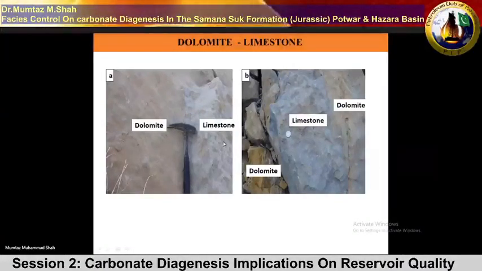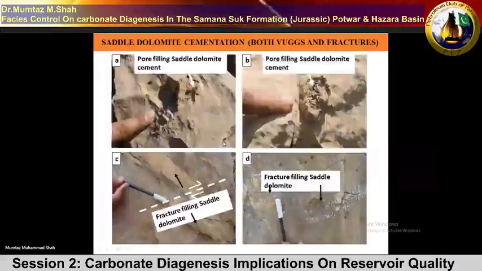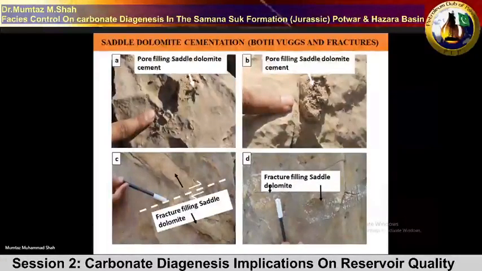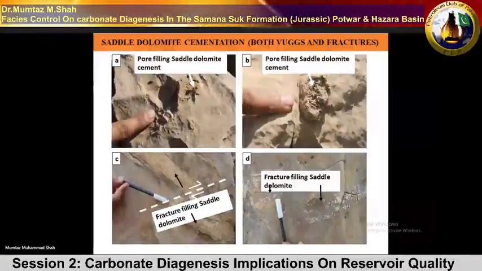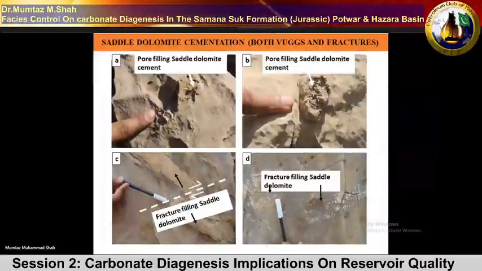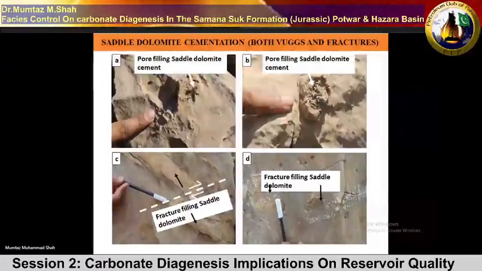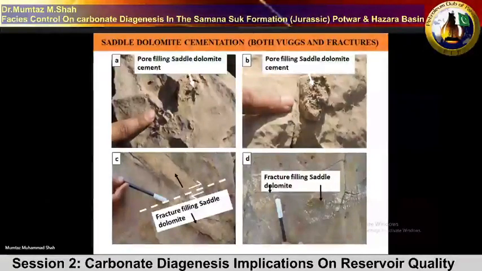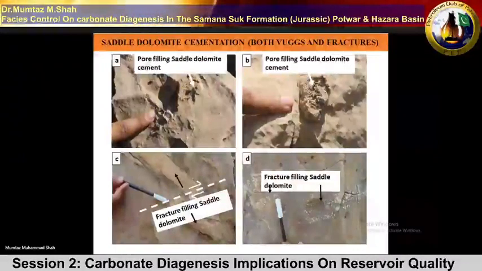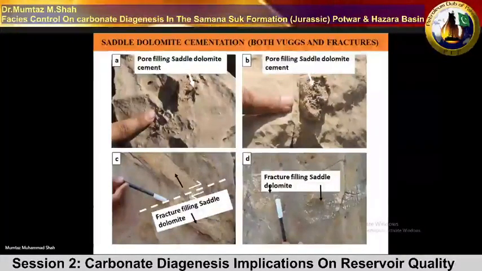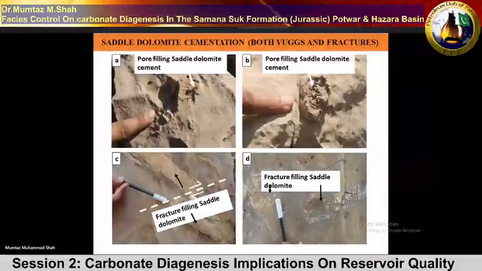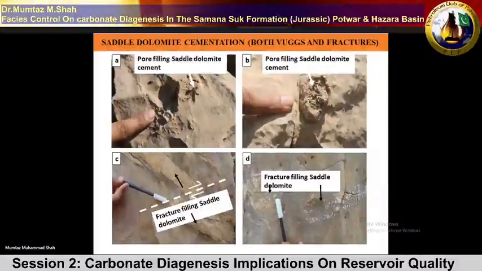So I will go a bit fast so that we can see how these different outcrop features represent various phases of dolomites and calcite. These are the various fracture filling dolomites, which are affected by multiple sets of fracture related displacement.